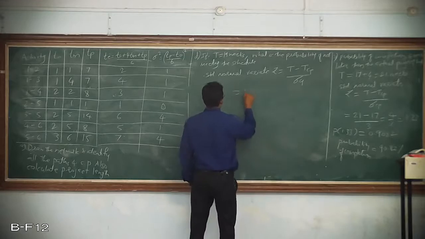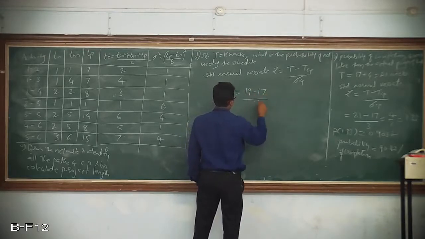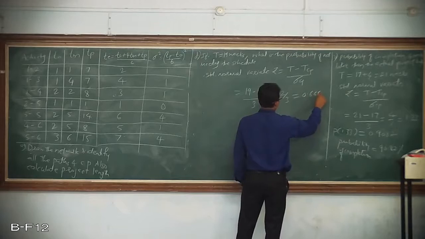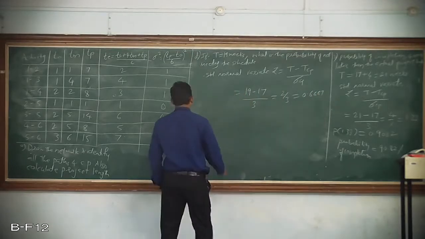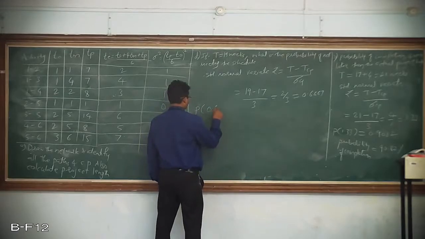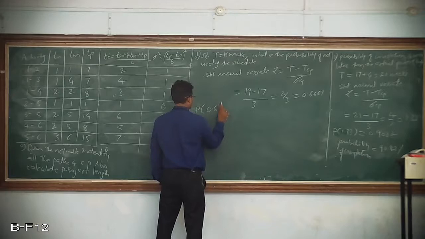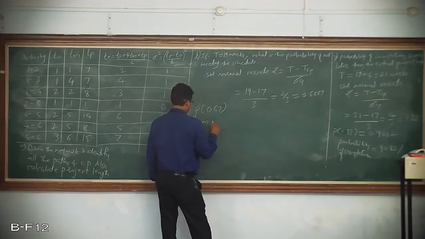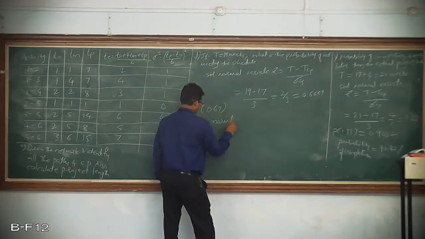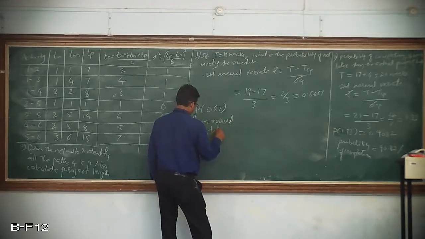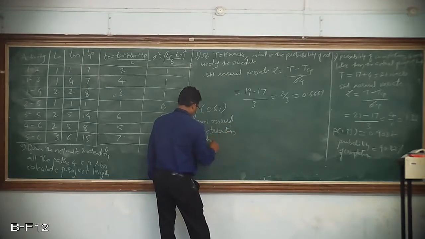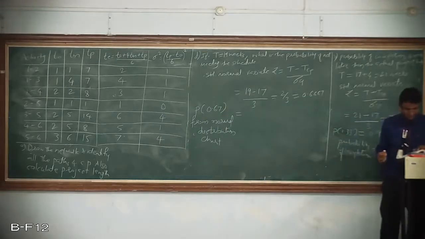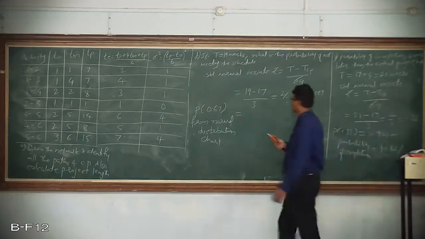So I know the value of T. Now I'll calculate the probability at 0.67. I'll get 0.7486.